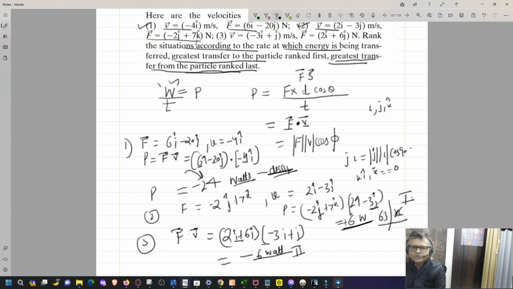So I hope this helps you understand the power of dot product, and also the fact that sign convention is very important in such questions. You can come across many larger numericals where this concept may be of tremendous use to you.